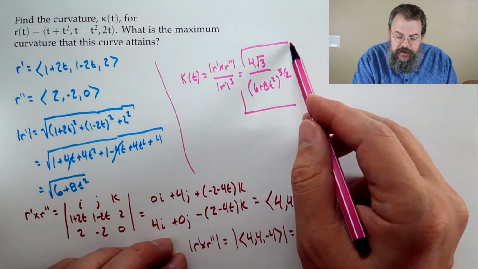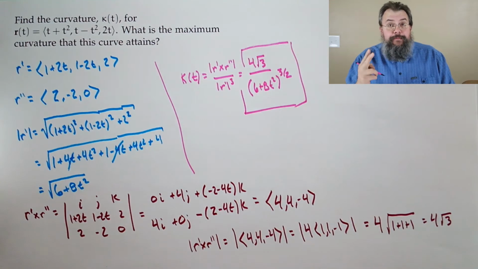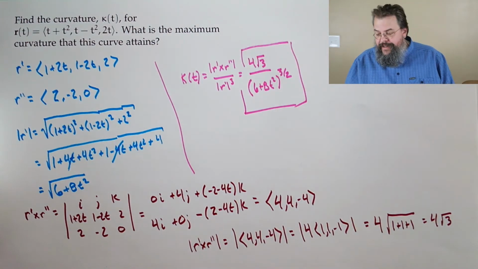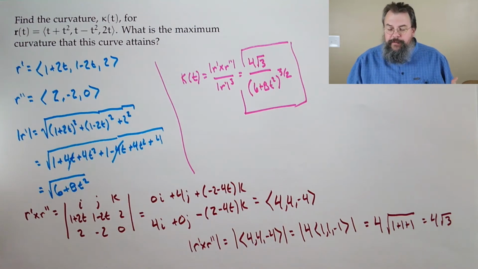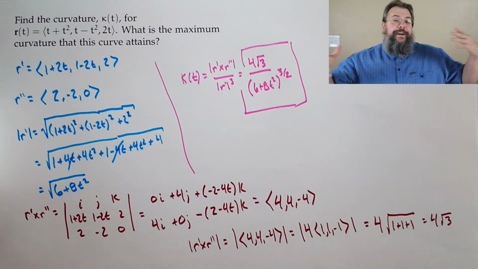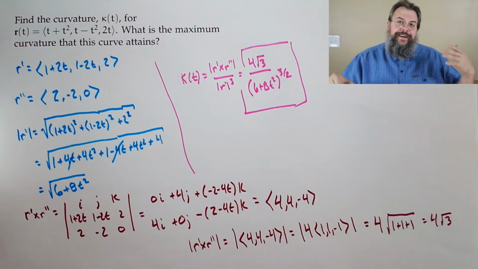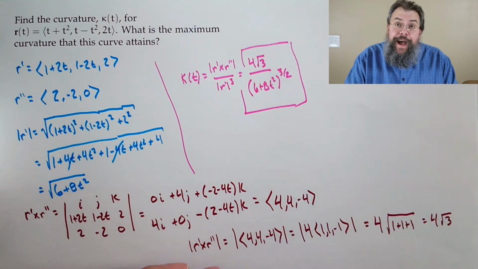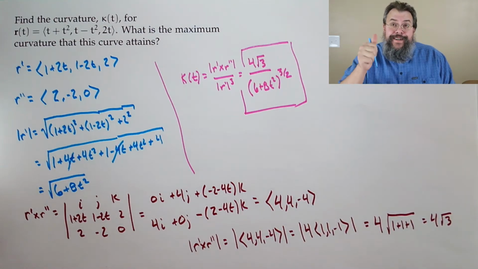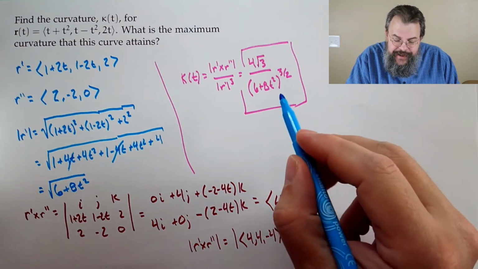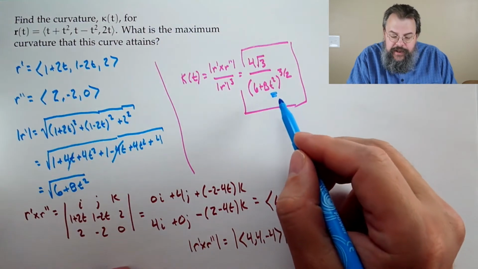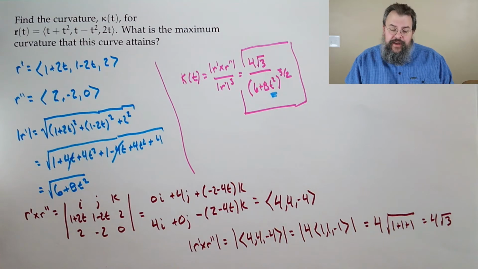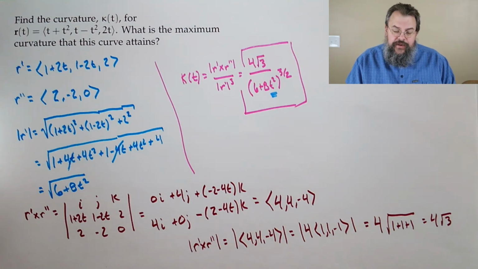What's our curvature? Now, there's a second part. What's the maximum curvature? It sounds like there's going to be a hard optimization problem, like we have to figure out what's the right t that maximizes everything and pull out some calculus tools. But we don't need that. Look, how many times does t show up? It's just there once, that t squared. So what's true?